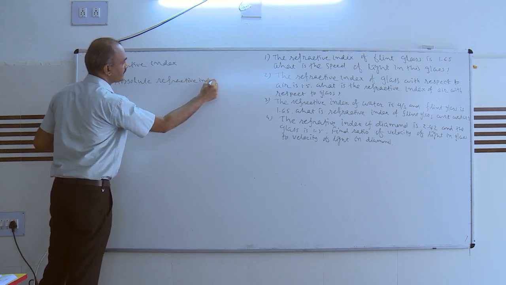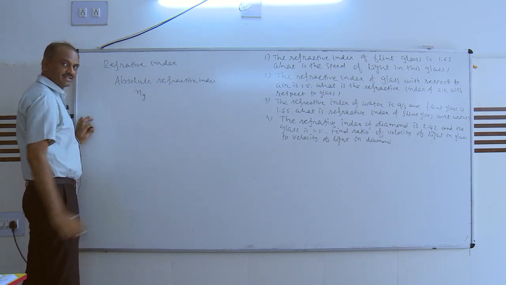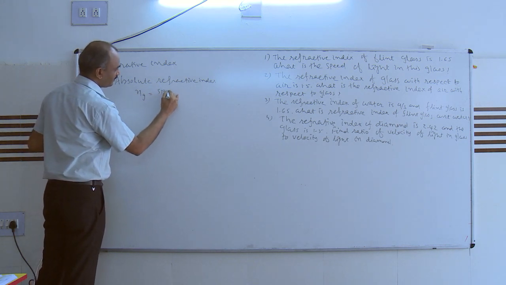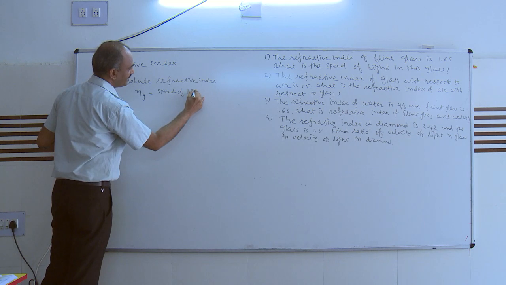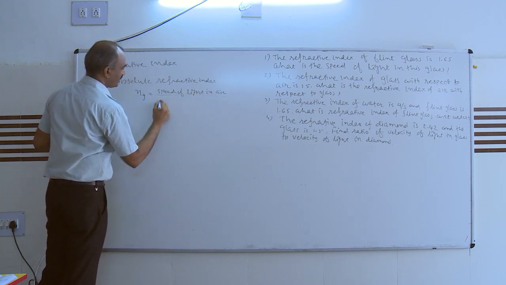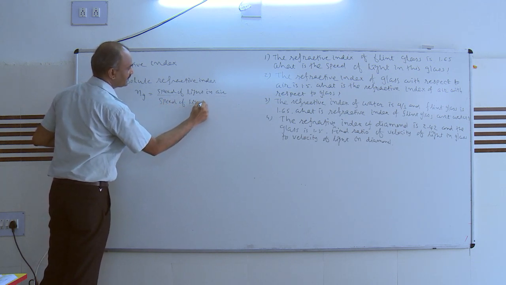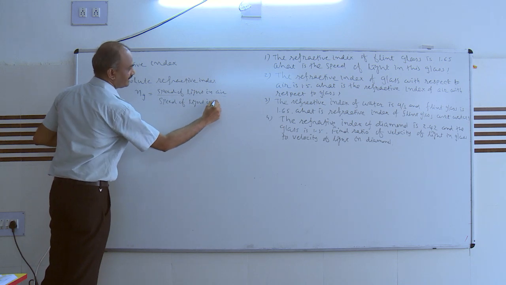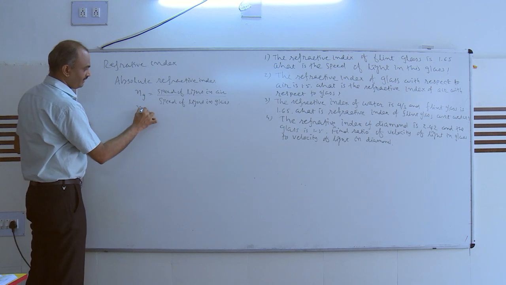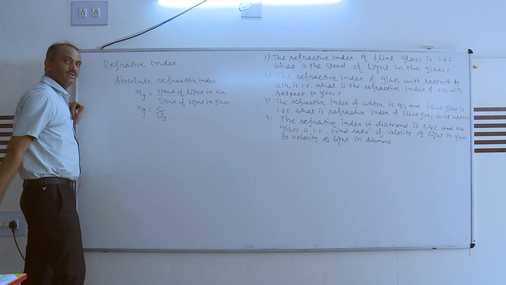For example, the refractive index of glass is the ratio of the speed of light in air or vacuum upon the speed of light in glass. So the refractive index of glass is C upon V of G.